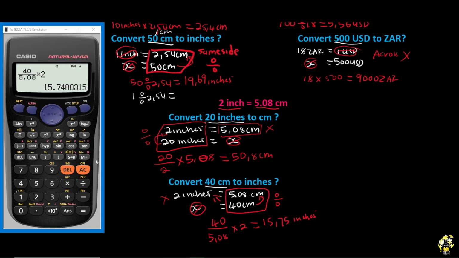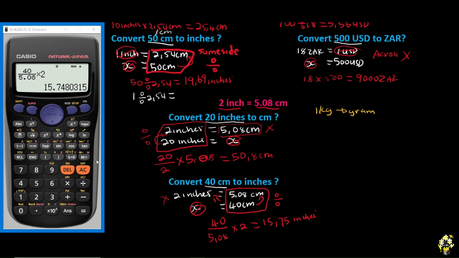Now let me show you something. Whether you're converting from imperial to metric or metric to imperial, or it's not from different systems, you are within one system. When I say within one system, they could ask you to convert 1 kg to grams.